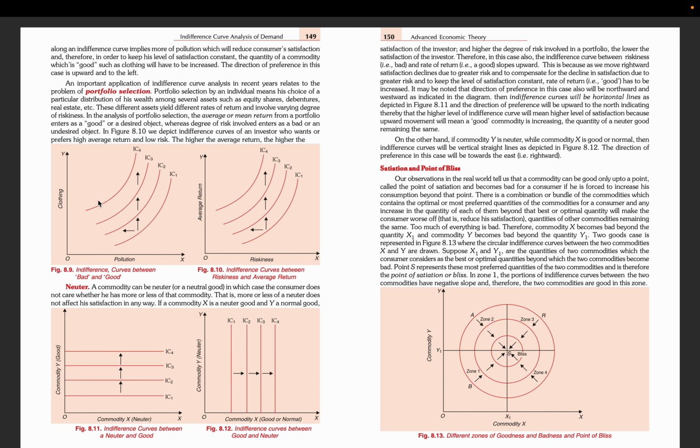So you have to increase clothing in order to give him more pollution. If you have to increase pollution, you also will have to increase the amount of good that you're giving to that person, which is why these ICs are concave in shape. The direction of preference in this case is upward and to the left.